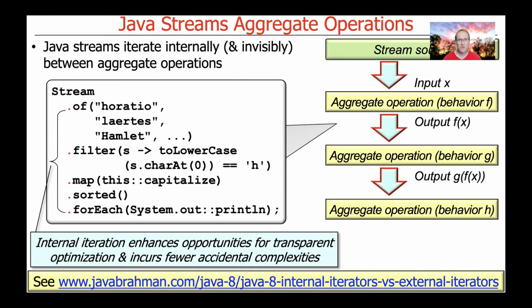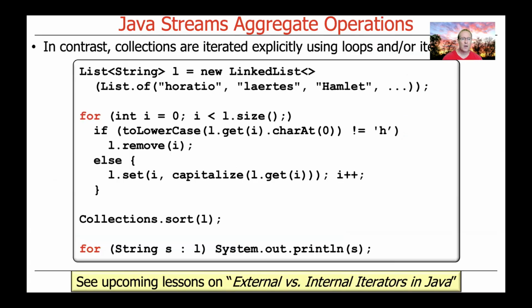And there are also fewer accidental complexities because you don't have to write as much code. When we talk about the different models of iteration, internal versus external iteration, I'll talk about the pros and cons of each approach. But be that as it may, Java streams use internal iteration, as do Java reactive streams as well.